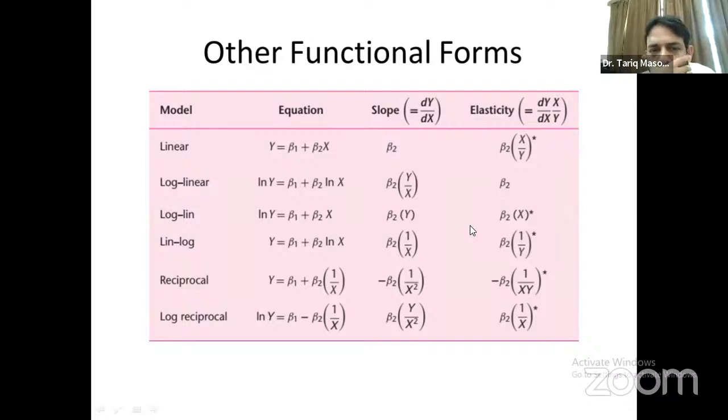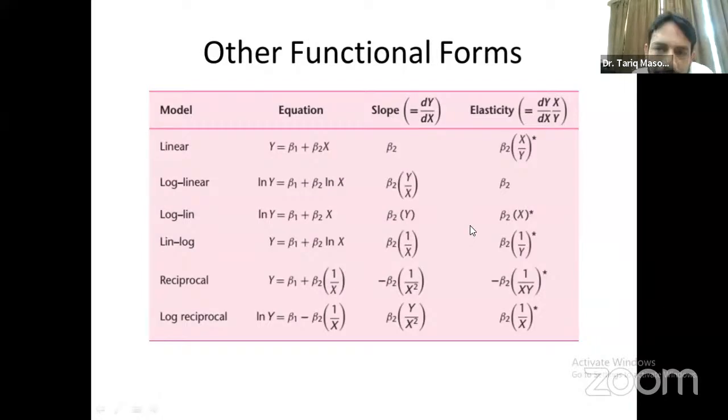Now, if you are aware with the calculus, the meaning is when we differentiate this linear function with respect to x, dy by dx, you will get beta 2. dy by dx is equal to beta 2.